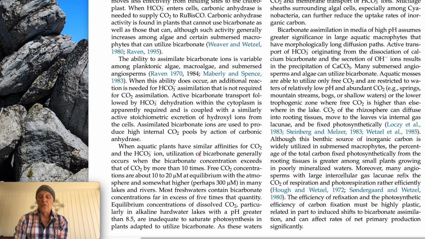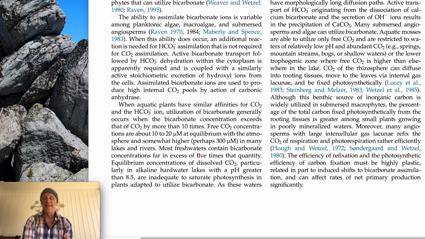Moreover, many angiosperms with large intercellular gas lacunae refix the CO2 of respiration and photorespiration rather efficiently. The efficiency of refixation and the photosynthetic efficiency of carbon fixation must be highly plastic, related in part to induced shift to bicarbonate assimilation, and can affect rates of net primary production significantly.